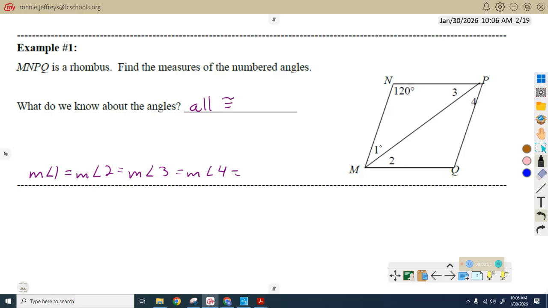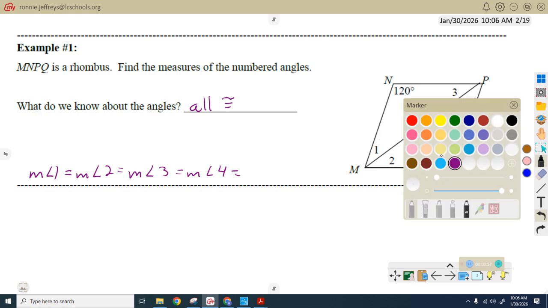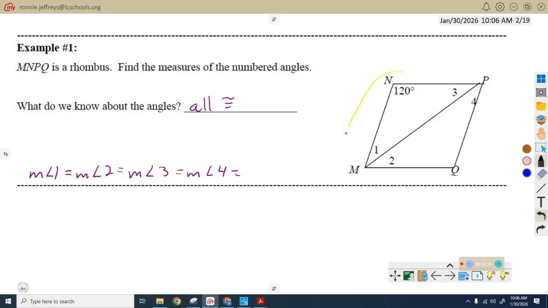Well, because this triangle right here has these angles, and these are the same, so this is x.